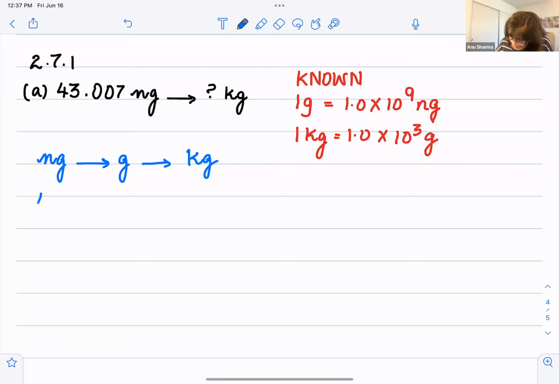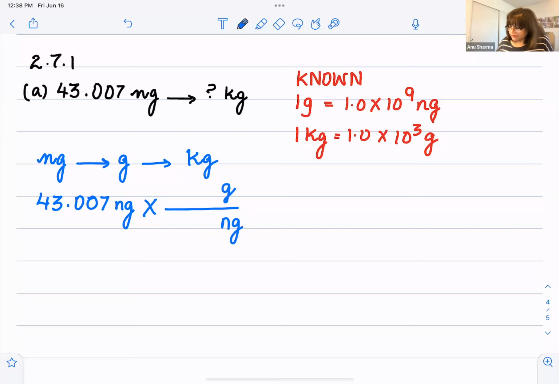Okay, so 43.007 nanogram times. We need to cancel the nanograms, so that goes in the denominator. We want the grams to remain on the top. So 1 gram is 1.0 into 10 to the power 9 nanograms.